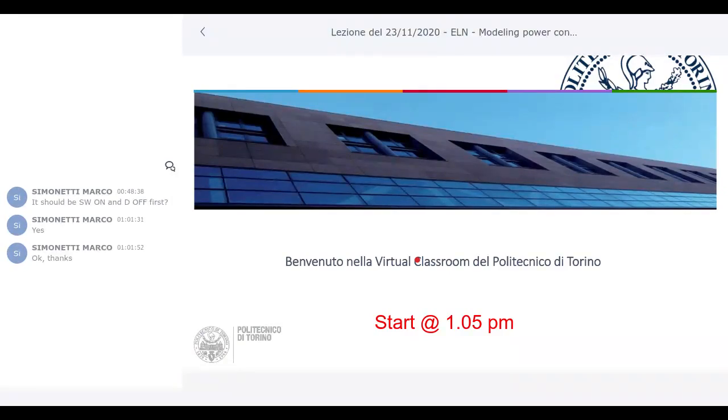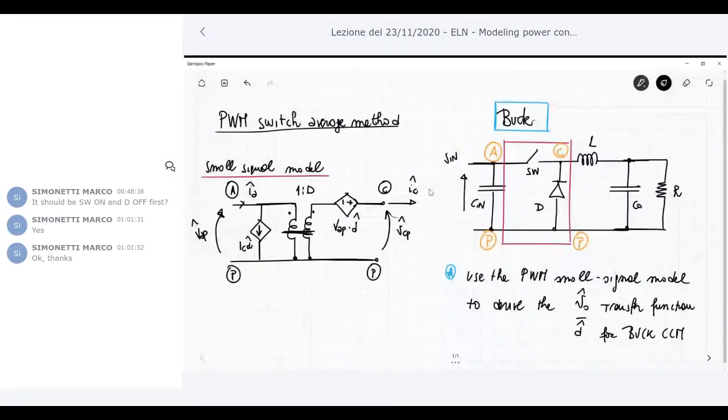Okay, to apply this technique in order to derive the control to output transfer function of a buck converter, which is operated in a continuous conduction mode, so CCM, which is the main operating mode of buck converters.